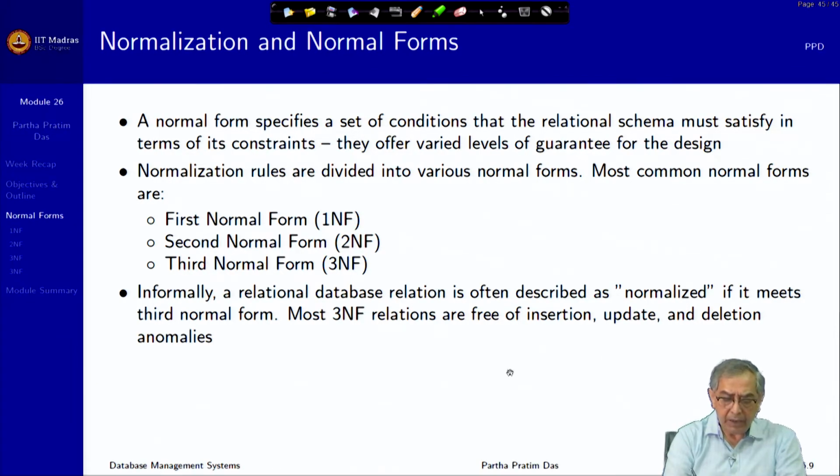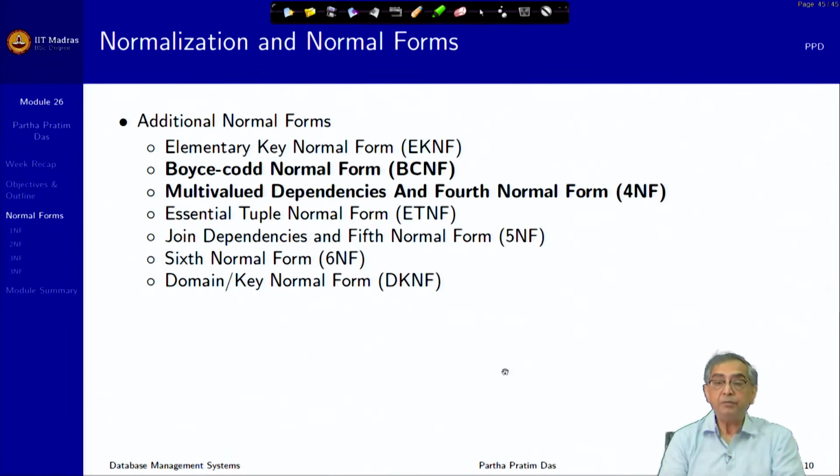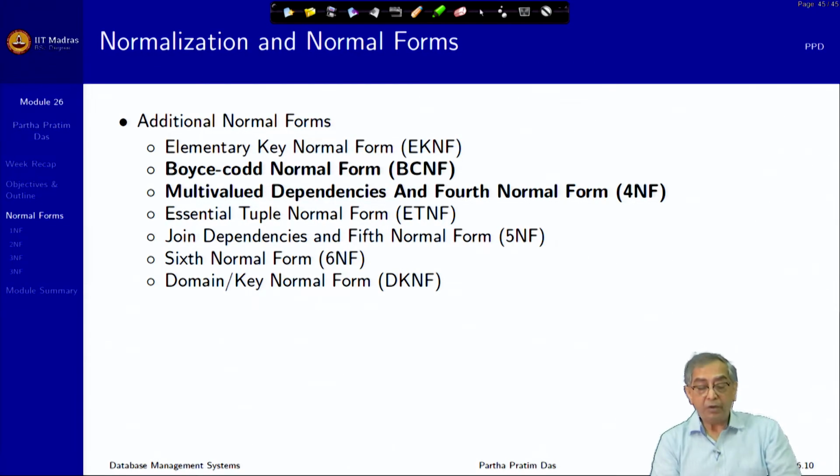But these are not the only normal forms. You have already seen Boyce-Codd normal form, or BCNF. Here are some more, like elementary key normal form, Boyce-Codd, which you have seen, multi-valued dependency and fourth normal form, fifth normal form, sixth normal form, and so on.